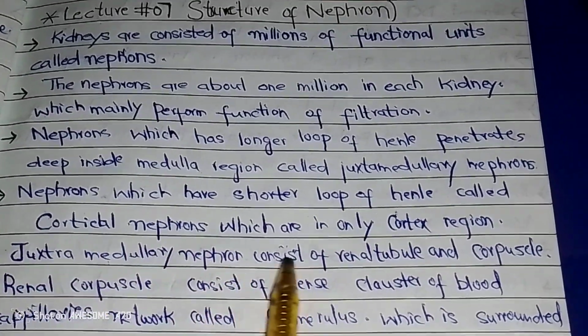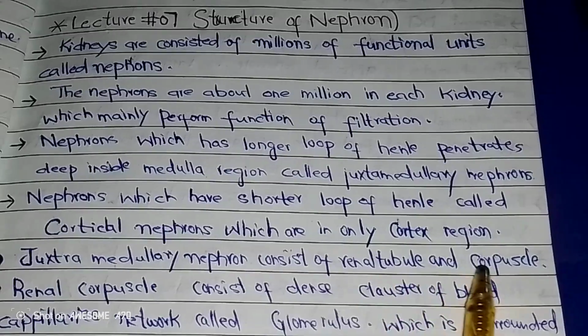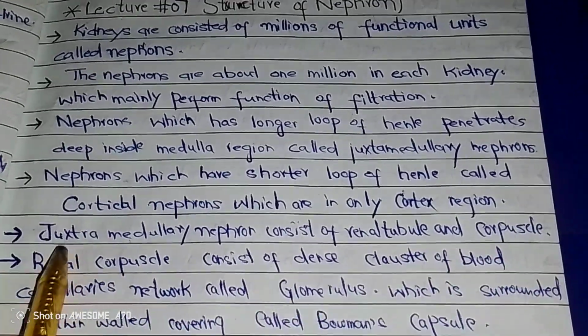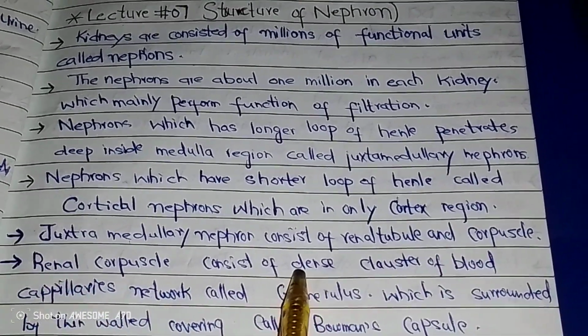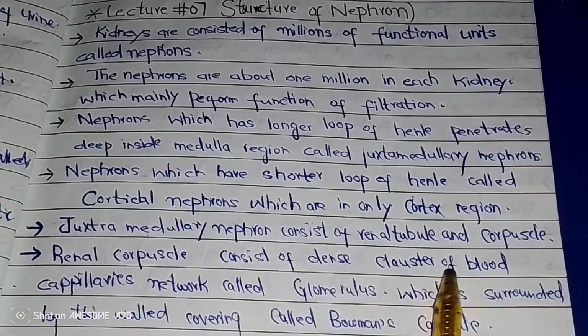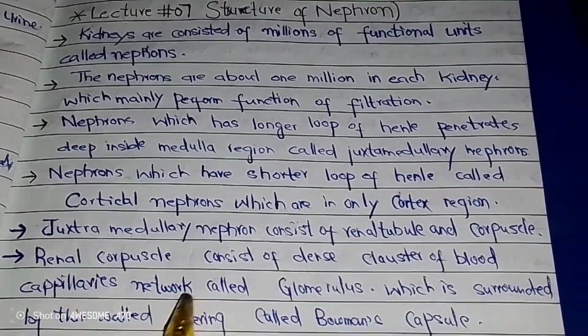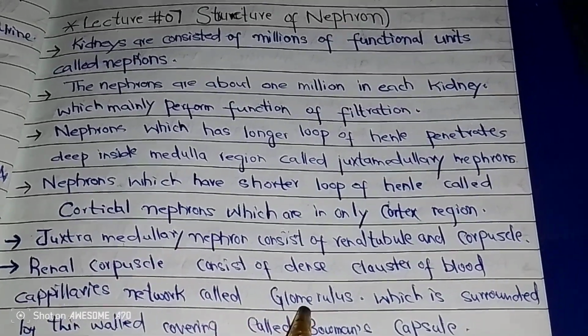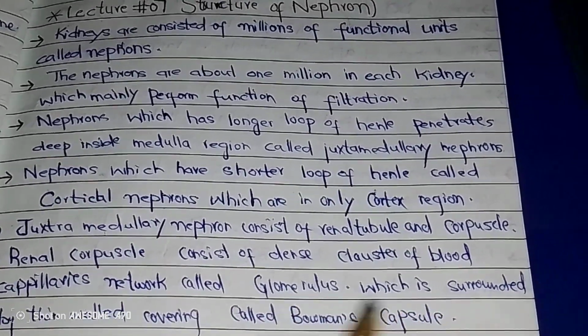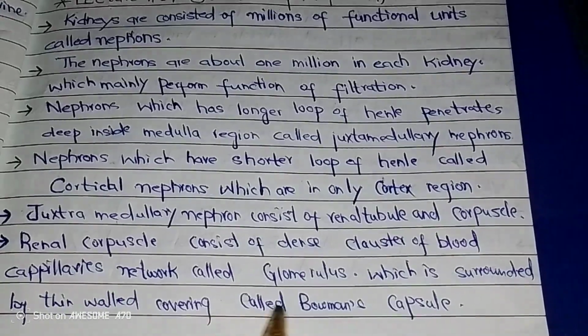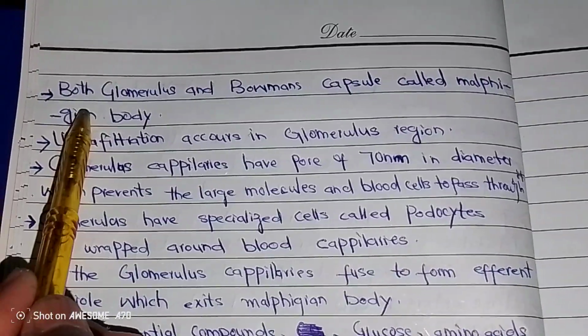Juxtamedullary nephron consists of renal tubule and renal corpuscle. A renal corpuscle consists of a dense cluster of blood capillaries network called glomerulus, which is surrounded by a thin walled covering called Bowman capsule.